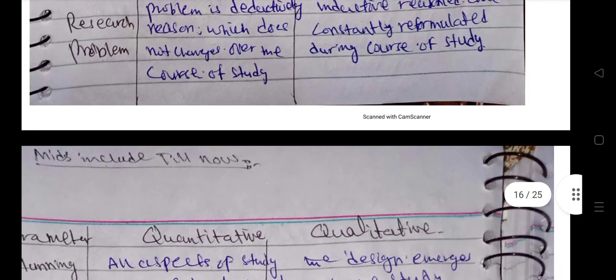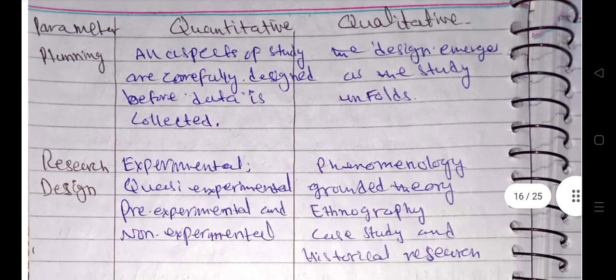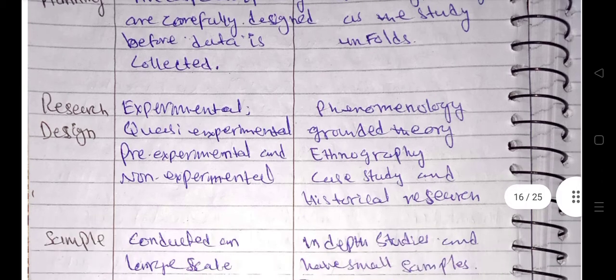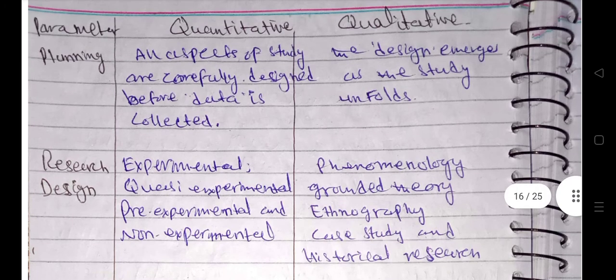And further we will discuss different parameters. Planning. As far as planning is concerned, in quantitative research, all aspects of a study are carefully designed before the data is collected, whereas in qualitative, the design emerges as the study unfolds. As far as research design is concerned, there are different types of research design, further categories in quantitative and qualitative as well.